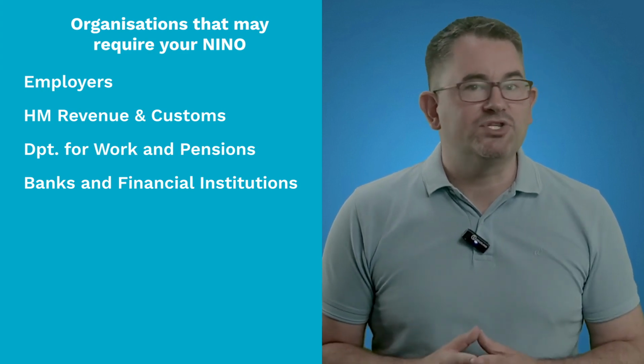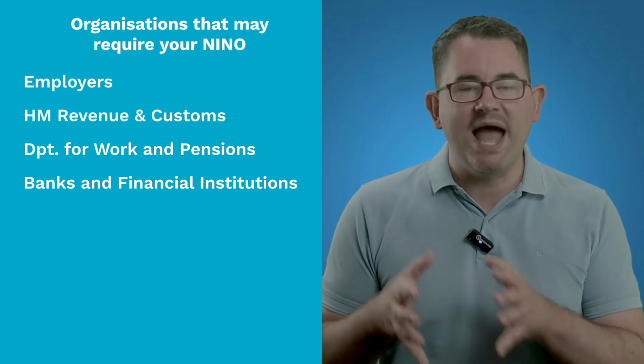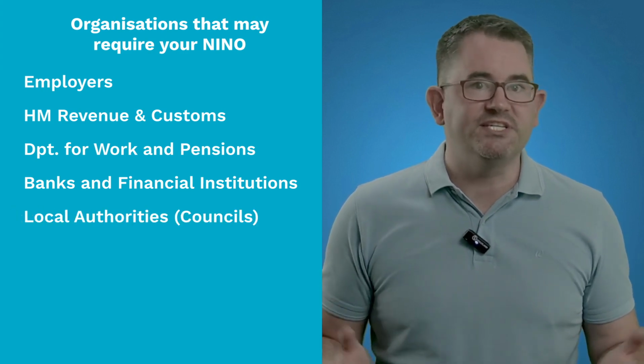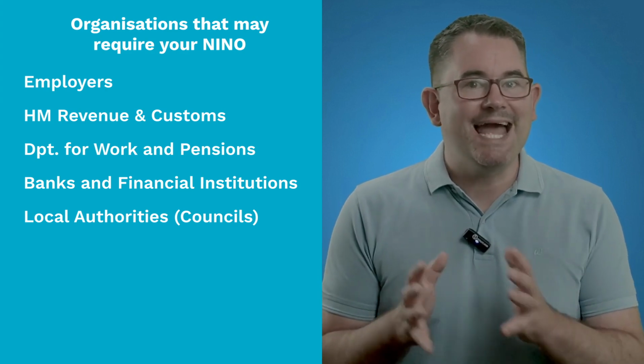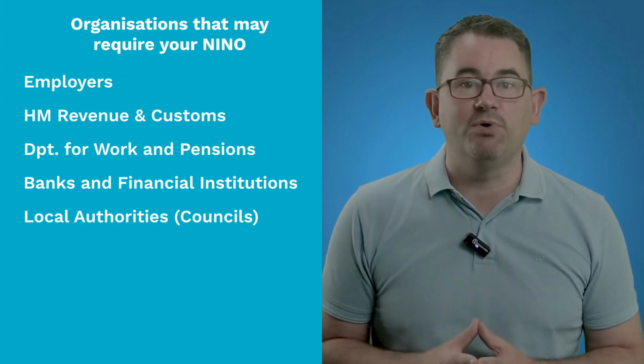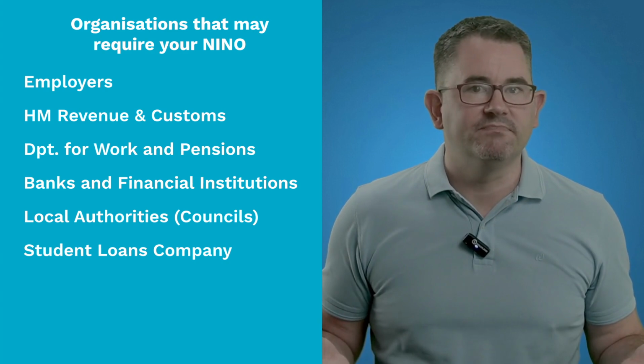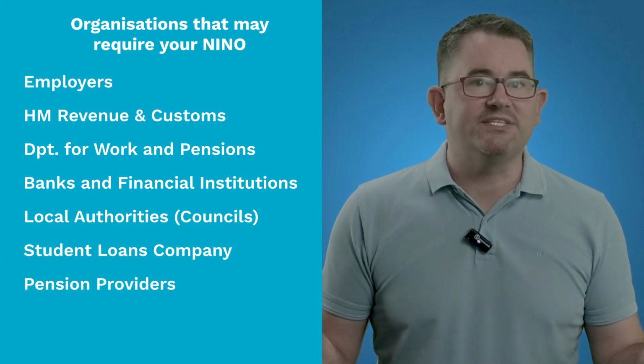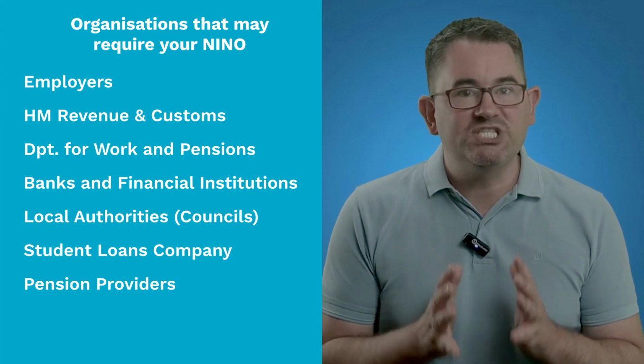When opening accounts or applying for credit with local and foreign banks, they may ask for your national insurance number. Local authorities, like the council, to administer housing benefits and council tax support as well. Student loan companies, for tracking student loans and managing repayments. Pension providers, to handle contributions and manage retirement pensions.